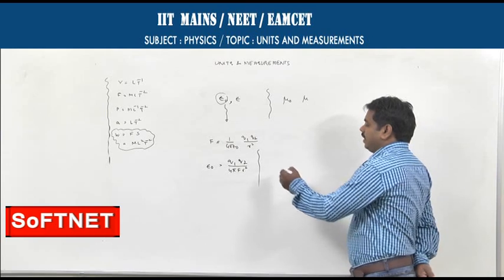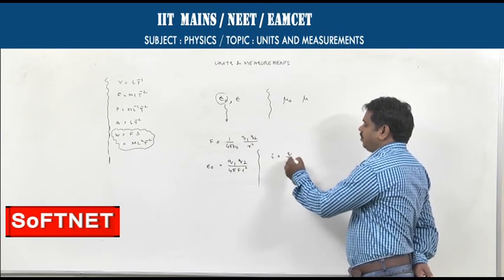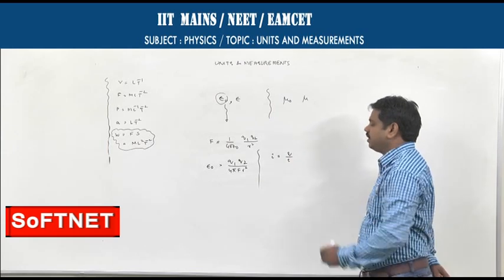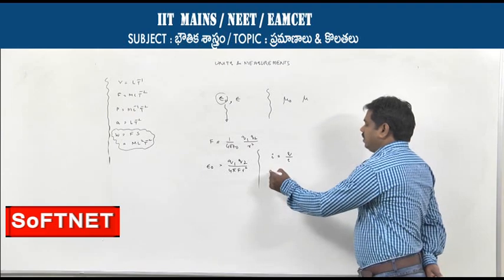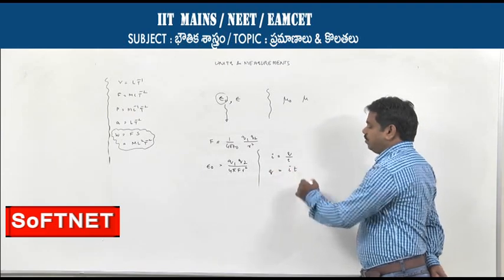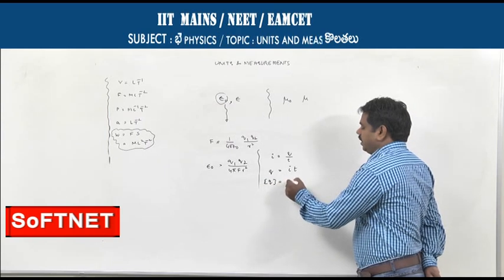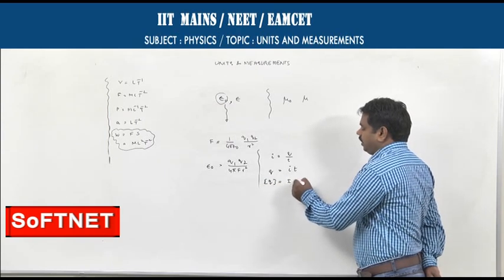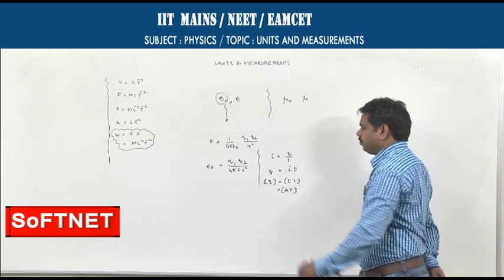That can be easily got from the basic definition of electric current. It is the rate of flow of charge through the cross section of a conductor. I is equal to q by t. Now charge q is nothing but current into time. So the dimensional formula of the charge can be written as I into t. Sometimes it can be presented as A into t.